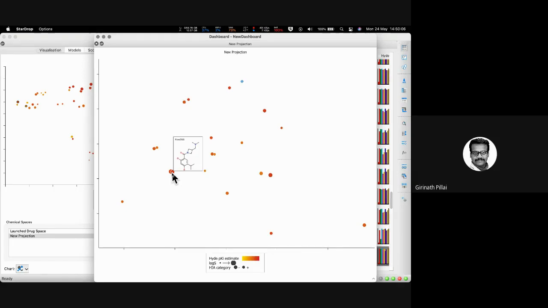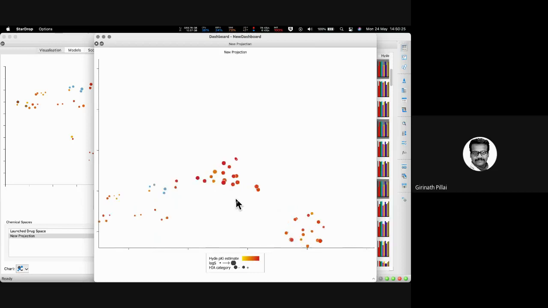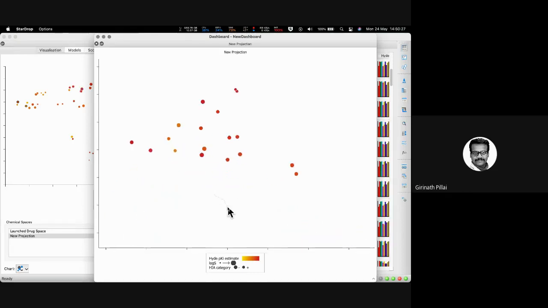The biological activity is good for this when compared to this particular compound. Even though the structure similarity is there, you could see the solubility is very less for this compound, but solubility for this compound is much higher. And similarly, if you go through here, you can see the class of the compounds in this region, most of them are having good solubility. But this particular compound is having not that great activity.